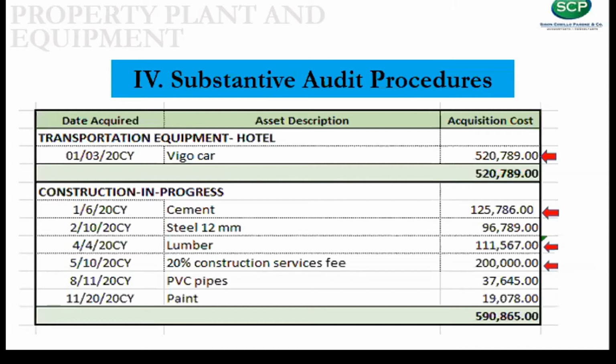For these selected additions for testing, we should examine supporting and sufficient documents such as vendor invoices, billing statements, official receipts, purchase contracts, and similar documents to verify the propriety of their recorded cost. We should also ensure that the costs recorded in the books do not include non-capitalizable costs or that capitalizable costs such as import duties are included in the cost.